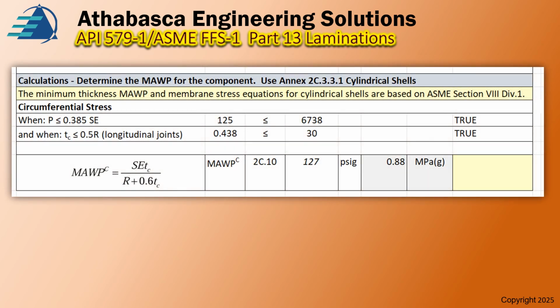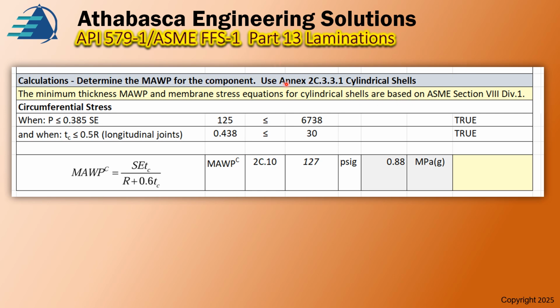Final check here, we're going to look at the maximum allowable working pressure, and we're going to use this equation, and we're going to use the TC values here. For determining this, we're going to go to Annex 2C331. No need to go to the pressure vessel code. Everything is contained within 579 for convenience, which I really like.